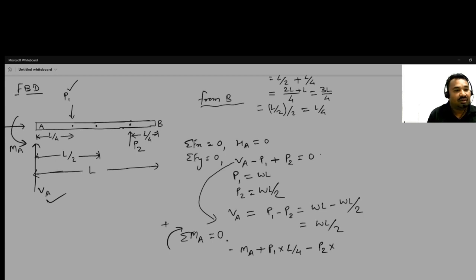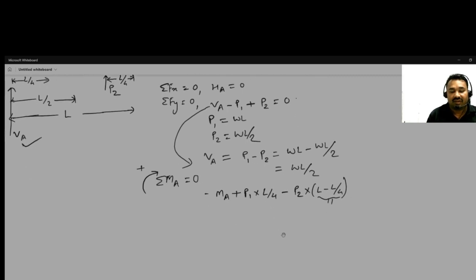We are taking moment about A, so it will be L minus L by 4, which is 3L divided by 4. The P1 we already know is WL, P2 is WL by 2, and this is equal to 0.